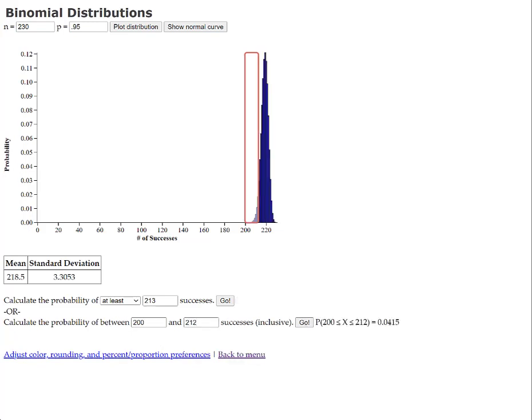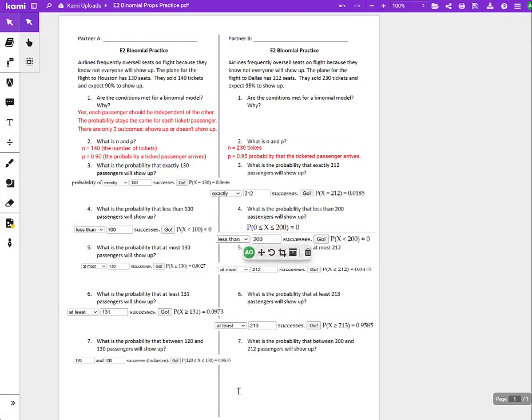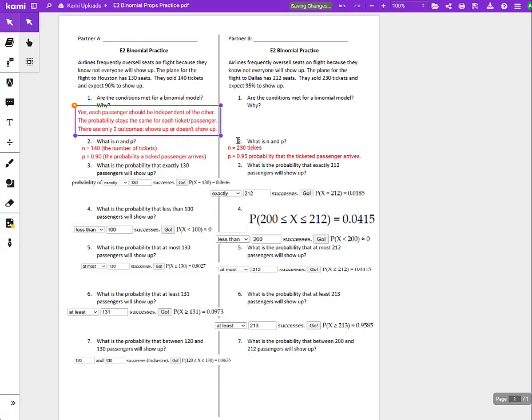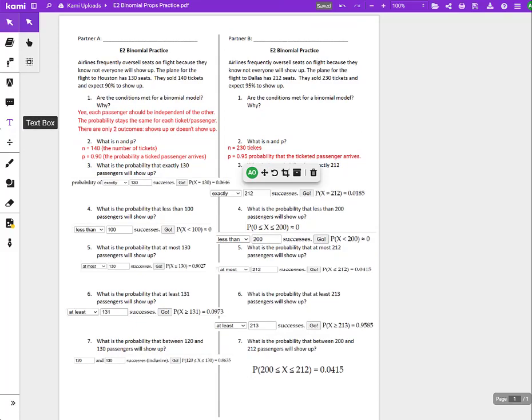And you can see I get the 0.0415. All right, and I could have tried to highlight the box, but it probably would have been a little bit tricky. All right, and that is what we did in class, including our whiteboard practice for the binomial random variables.